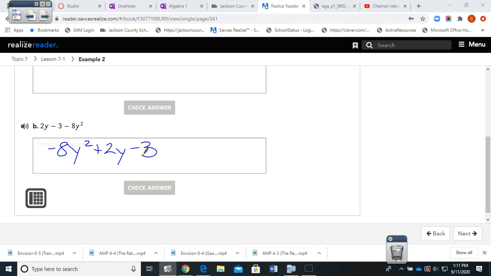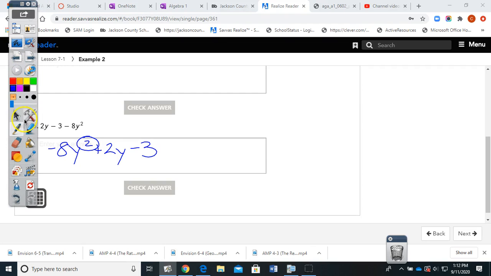It's a quadratic trinomial. Everybody good? It's just the name of it. I realize quad sounds like 4. It's not 4, it's 2. The exponent of 2 is called a quadratic. It is weird.